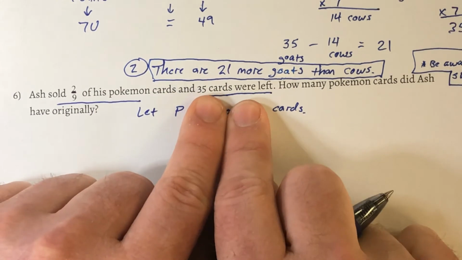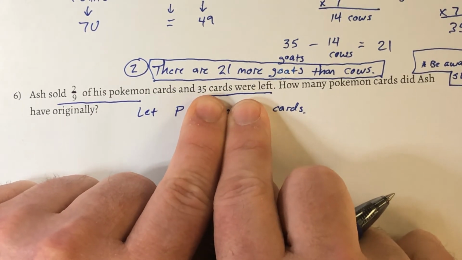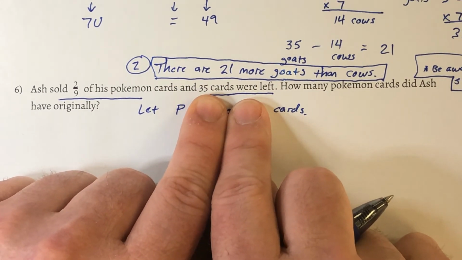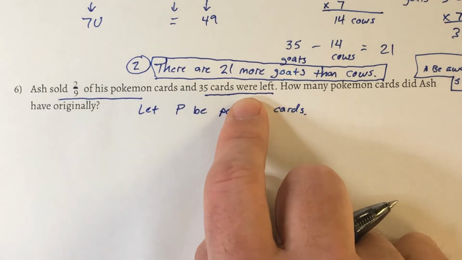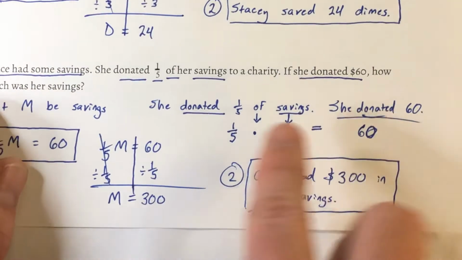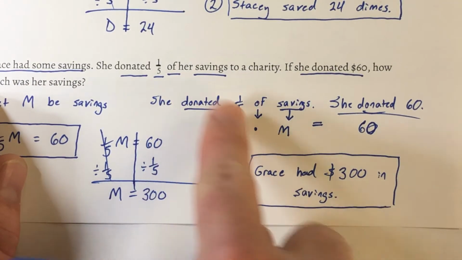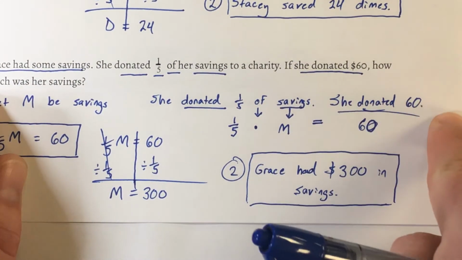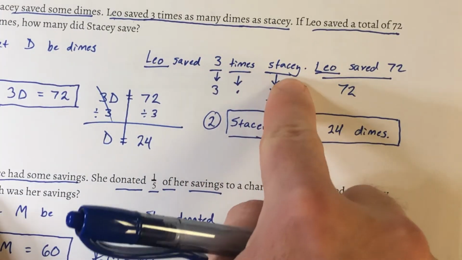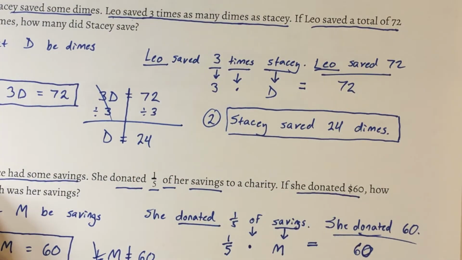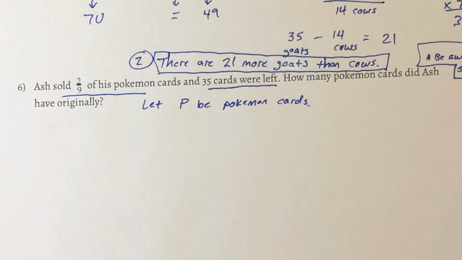And since it says there were 35 cards left, it's essentially giving me two things that are equal to each other, just like our previous examples where it stated things like she donated 1/5 of savings. She donated $60. Leo saved 3 times Stacy. Leo saved 72. So it's repeating itself in a way.